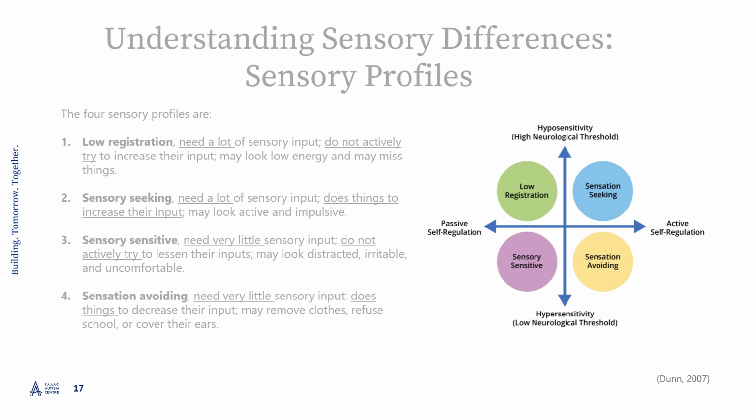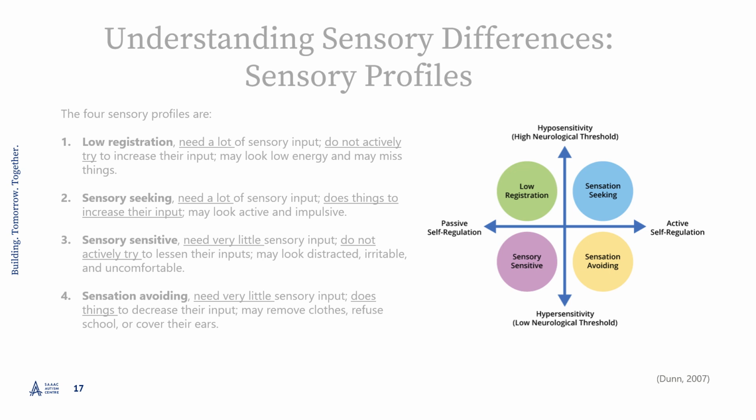The third kind of sensory profile is sensory sensitivity on the bottom left of the image. People with a sensory sensitive profile have low thresholds for sensory input, meaning they need very little of it, and they use passive self-regulation strategies. So they do not try to lessen their inputs, and they may just try to tolerate them. These people may appear distracted, irritable, or uncomfortable.